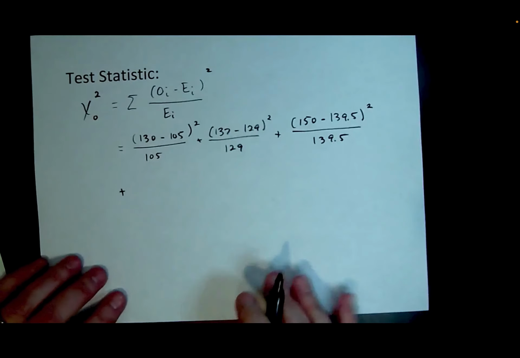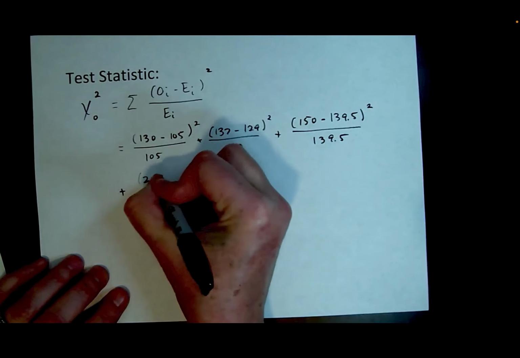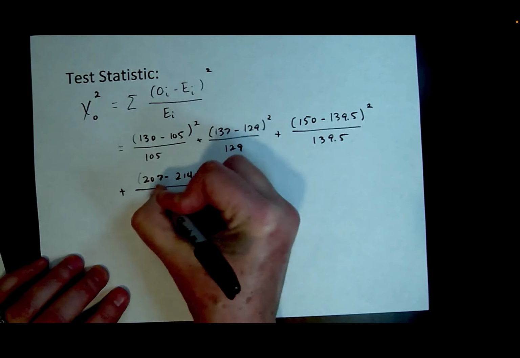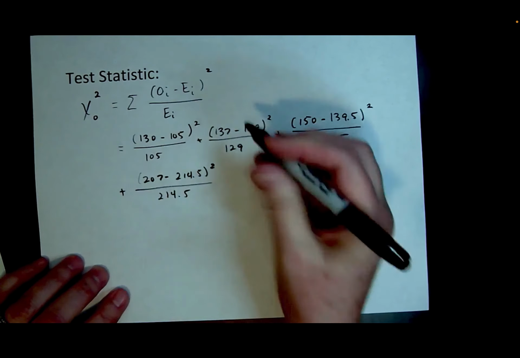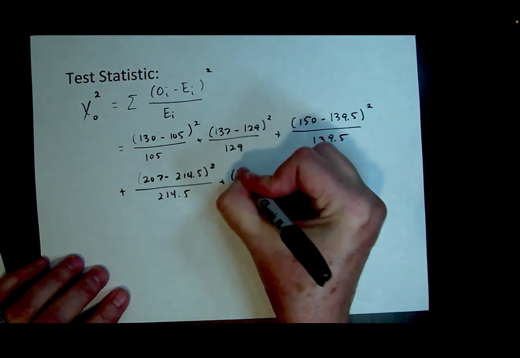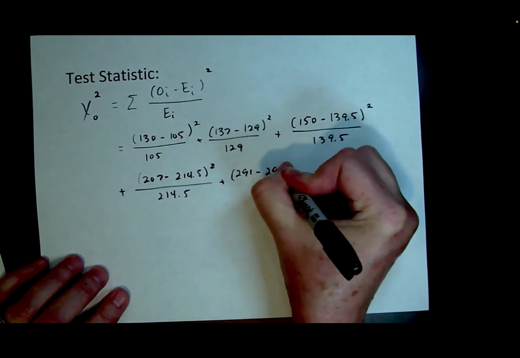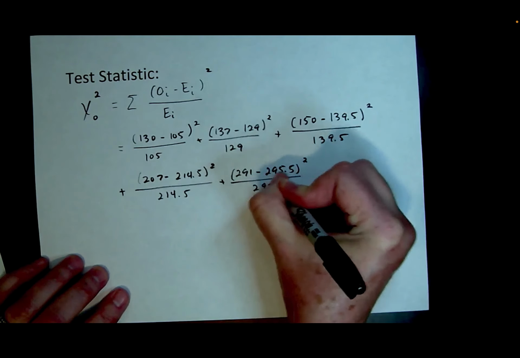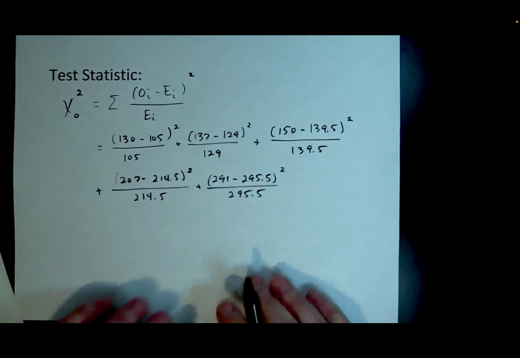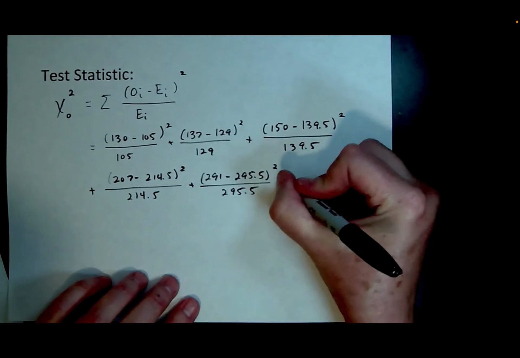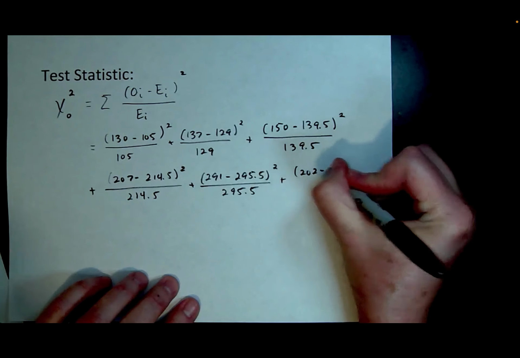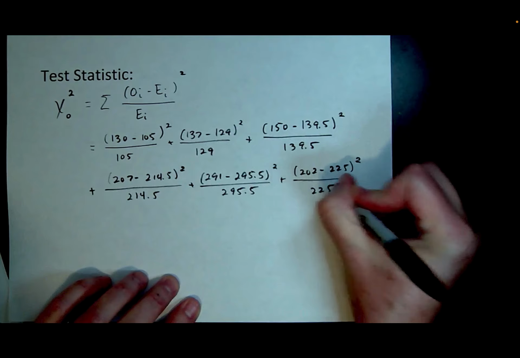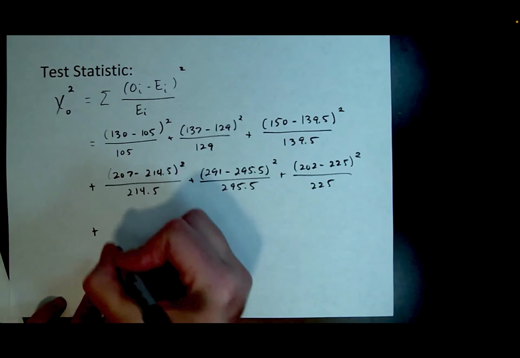Keep going. 207 minus 214.5 squared over 214.5. Couple more to go. 291 minus 295.5, difference is squared, divide by 295.5, and two more. 202 minus 225, difference is squared, divide by that expected count, and one more category.